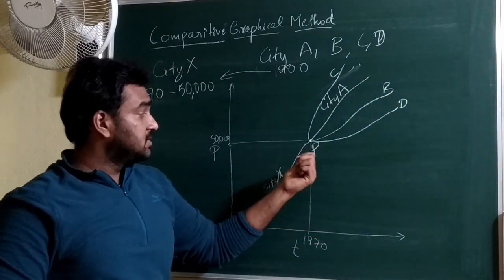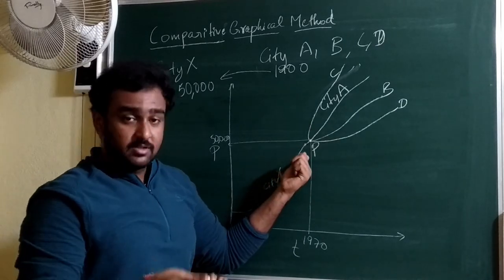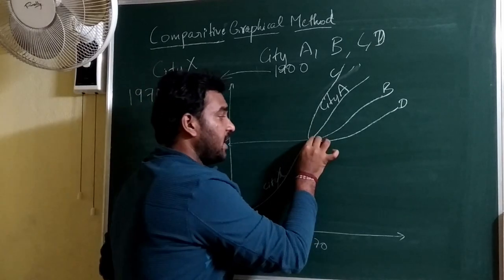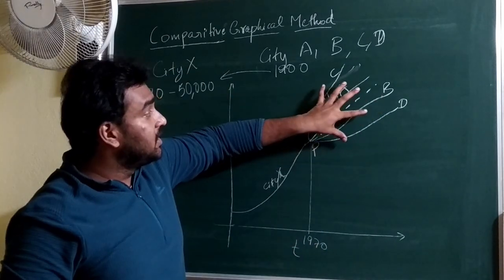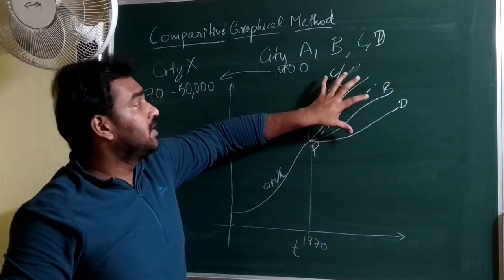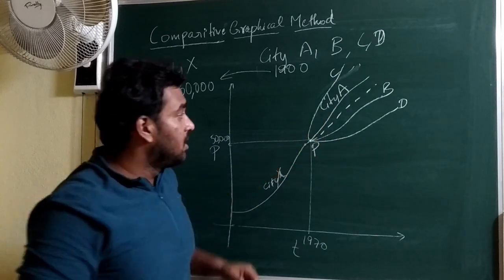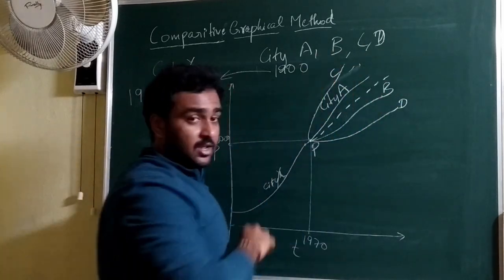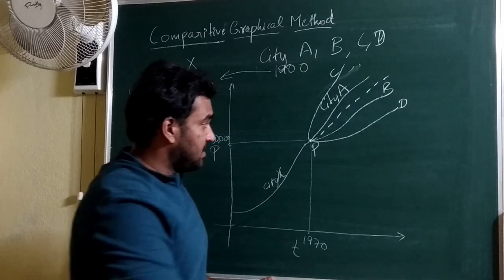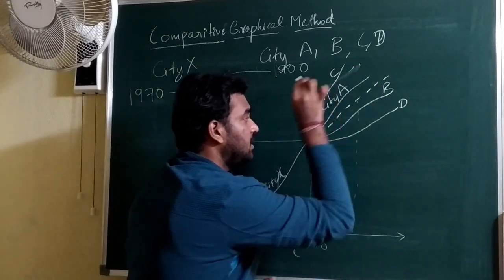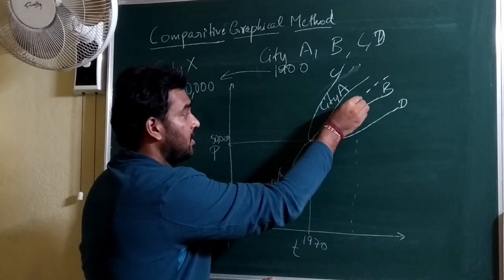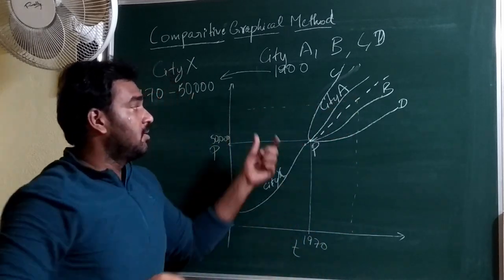Next, as in the simple graphical method, we extend this city X graph, considering the influences of the population growth of the different cities which we have considered. After extending, for any design period, we can identify the design population.